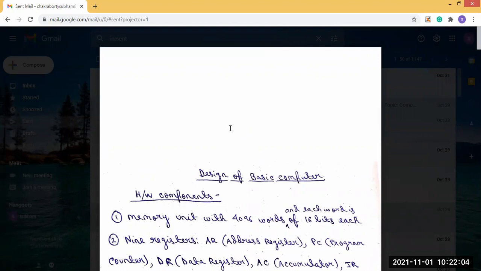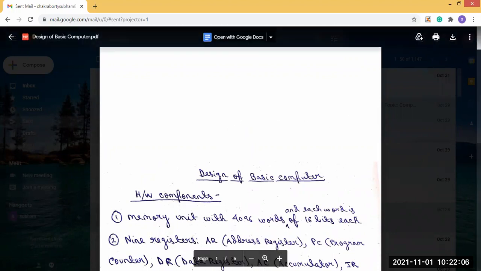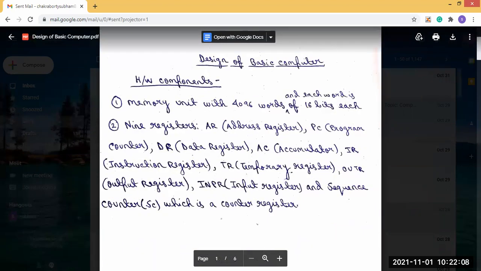Now we will see how to design the basic computer. What is necessary for designing the basic computer? Some hardware components are required. So what are the hardware components that are required?